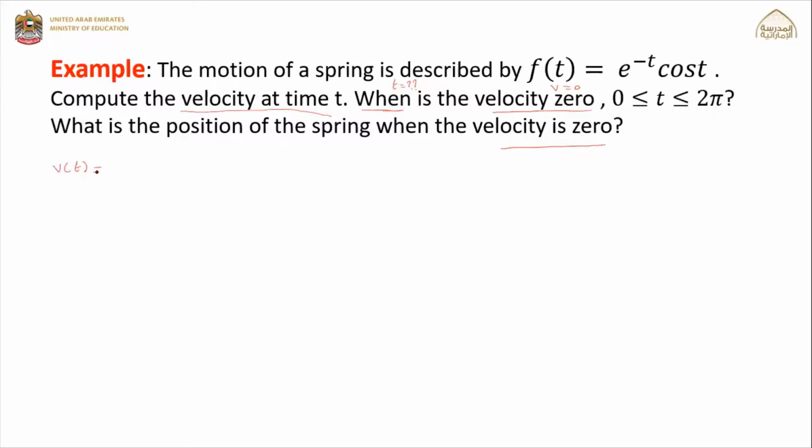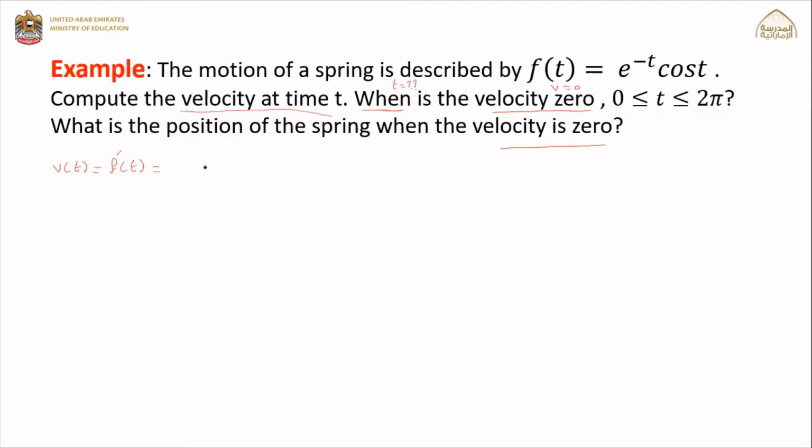V of t is the derivative of f. What's the derivative of e to the power negative t cosine t? Here I have a product function, so I will use the product rule of derivative.